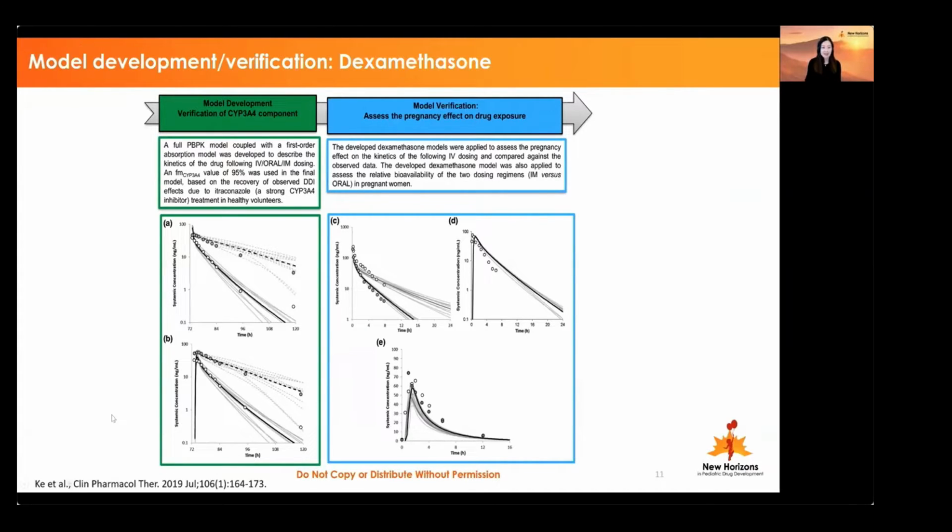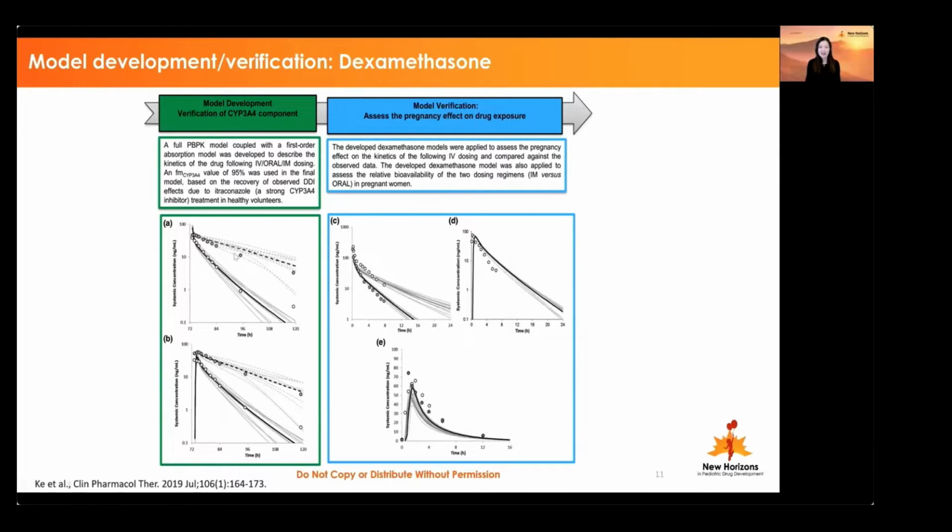So here you can see that on the left, we've used itraconazole DDI data to verify the CYP3A component with an estimated CYP3A contribution of 95%, which is in fact very close to the in vitro derived CYP3A contribution.